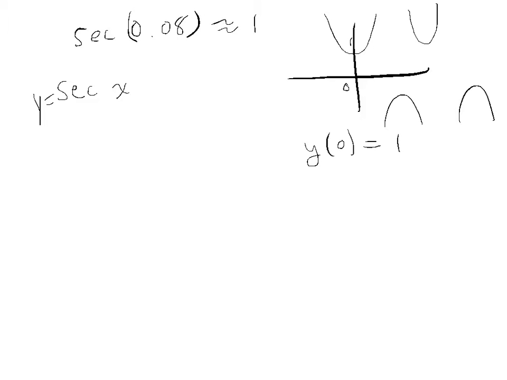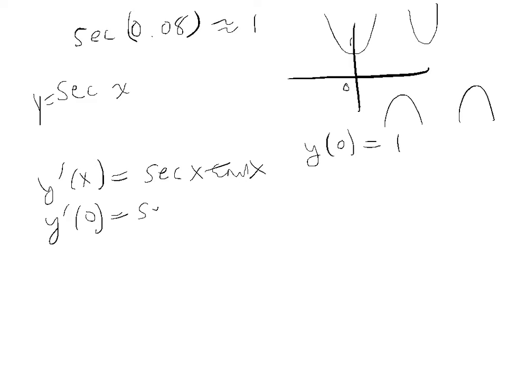So if you drew a linear approximation, which means you would find the derivative of the function, the derivative of secant is secant x tan x, and if you wanted to find it right at 0, it would be the secant of 0 times the tangent of 0. The secant of 0 is 1, and the tangent of 0 is 0, so that would be 0.